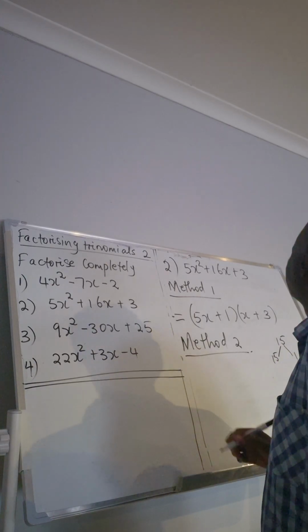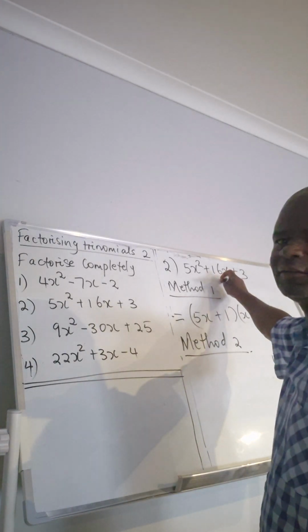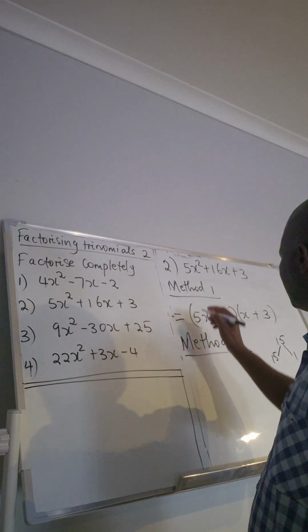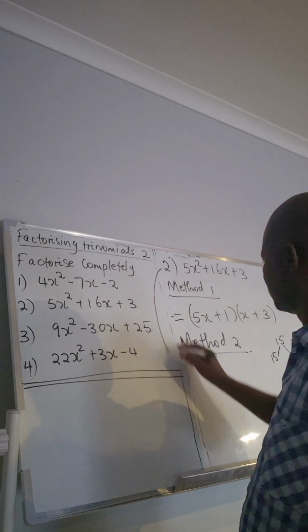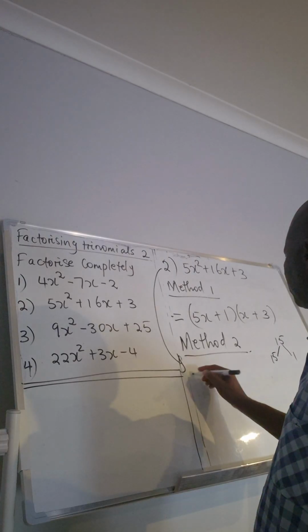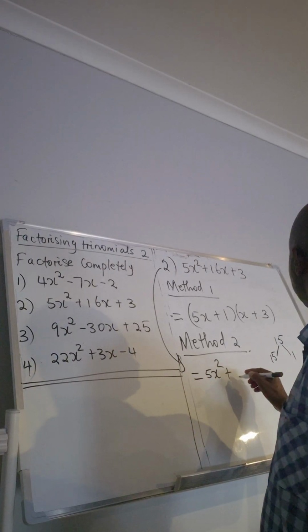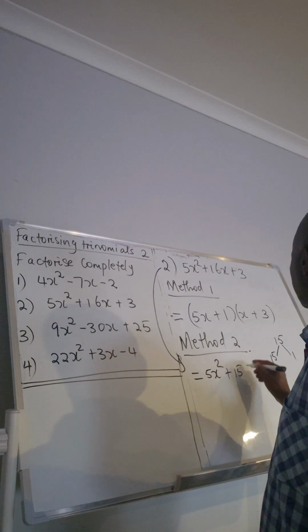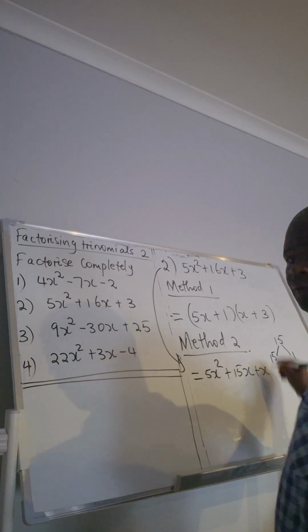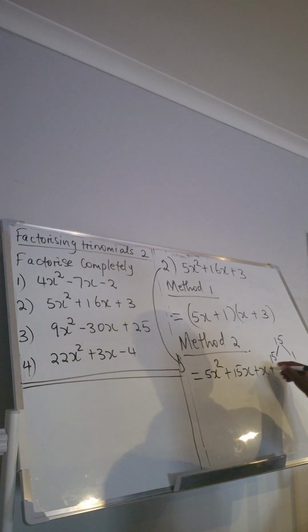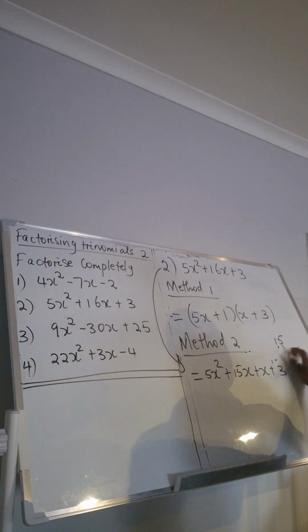Obviously, it's 15 and 1, so that you get 16. So this part is going to be equal to 5x squared plus 15x plus x plus 3.